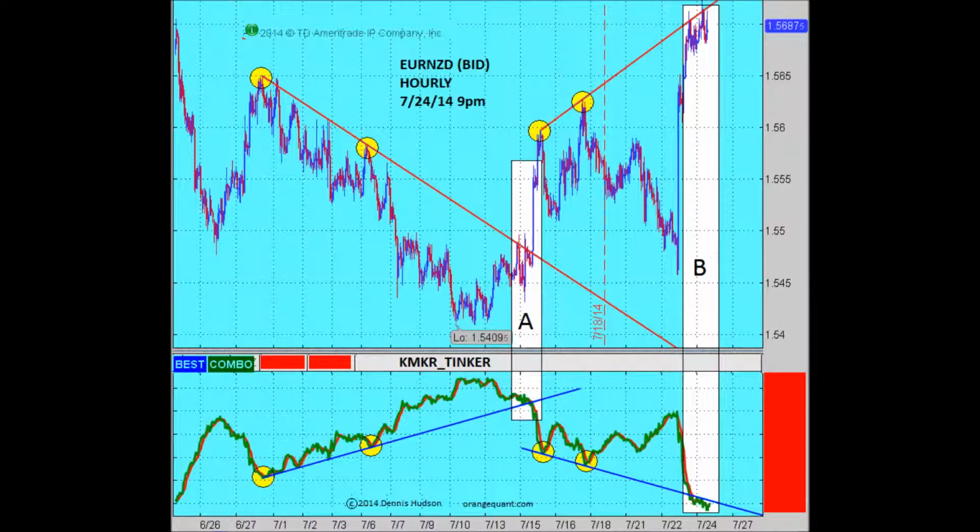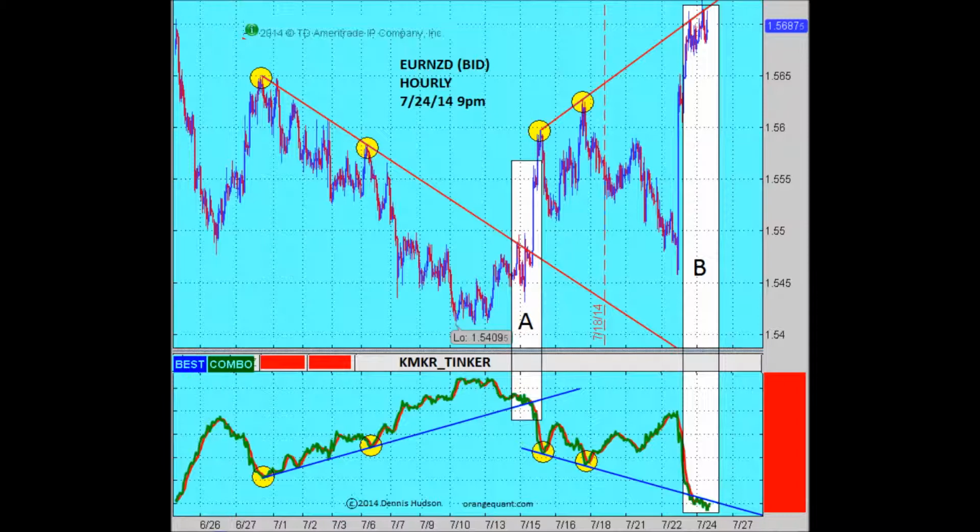And while we're at it, on the price chart at far left, there's a couple of candles interfering with how we drew that trend line, right? So you might think I did it wrong. No, it's drawn that way so we compare it to the start of the Tinker trend line down below. Apples to apples. In box B on the price chart, we also have a couple of breakouts above the price chart trend line. Okay, now let's collapse everything and zoom in.